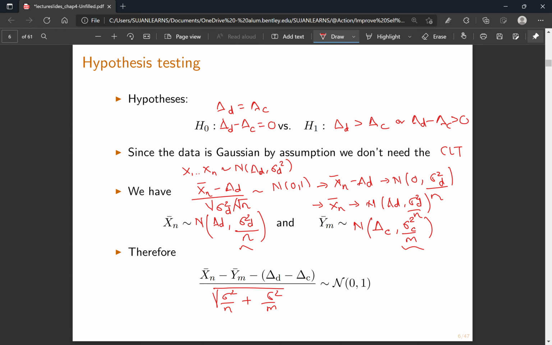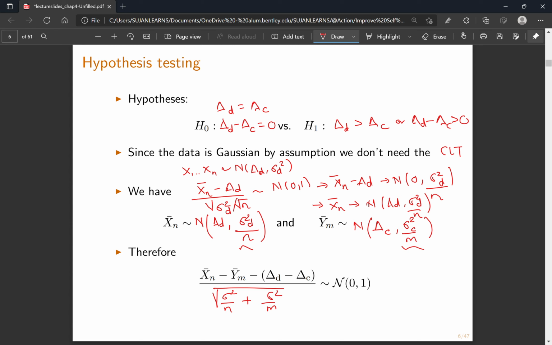But for this situation, we do not have to take the asymptotic of our central limit theorem because these are already Gaussian. That's why it was directly equal to the standard normal. Instead of being asymptotically standard normal, this was actually a standard normal since they're already in Gaussian format.